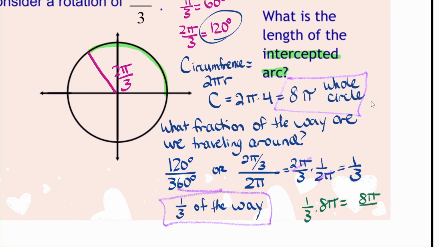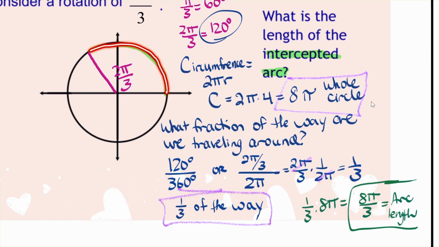So your arc length is 8 pi over 3. So that is this length.